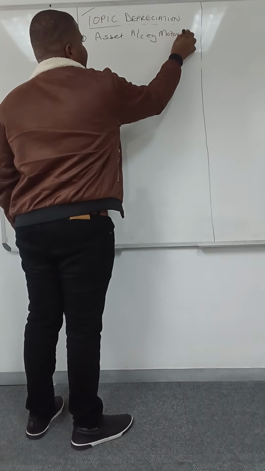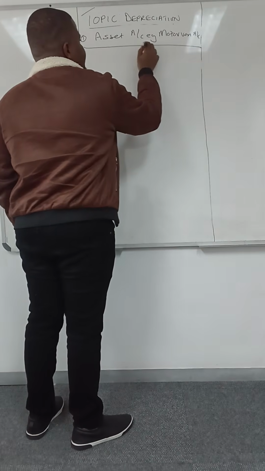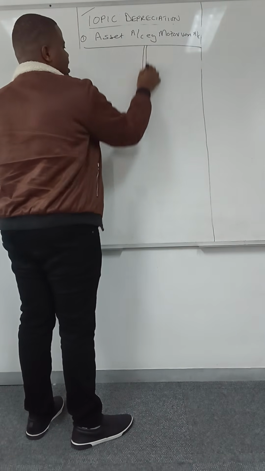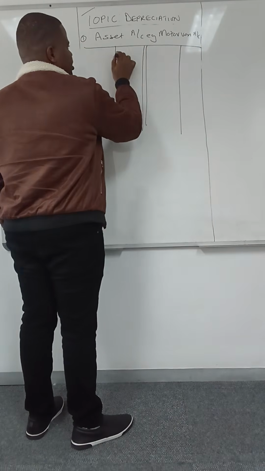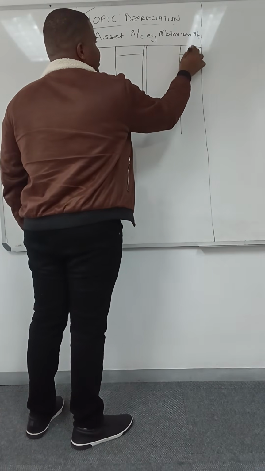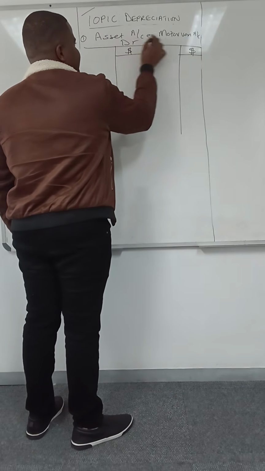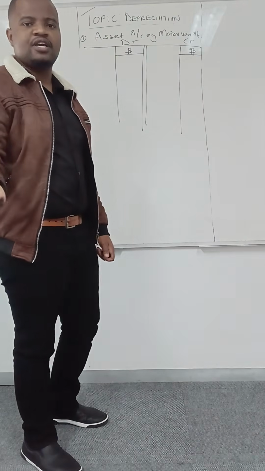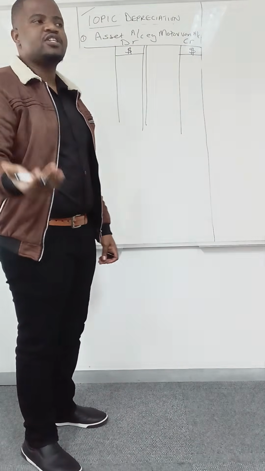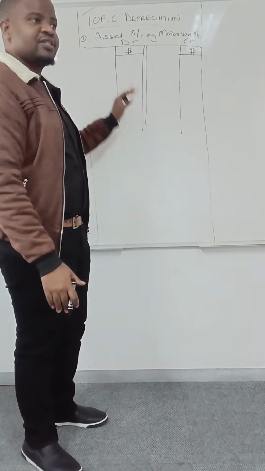a motor van account. What you need to know in the exam is that they are not going to say prepare an asset account. In the exam, they will be dealing with the actual asset, for example, a motor van. If you see a question saying prepare the furniture account, motor van account, or bus account, that is the asset account.